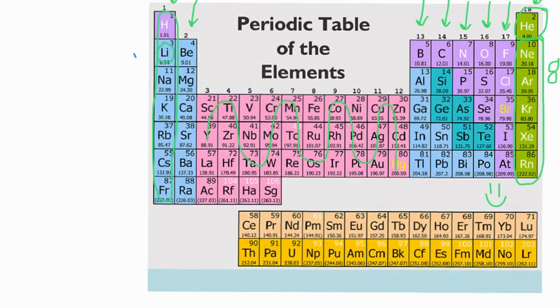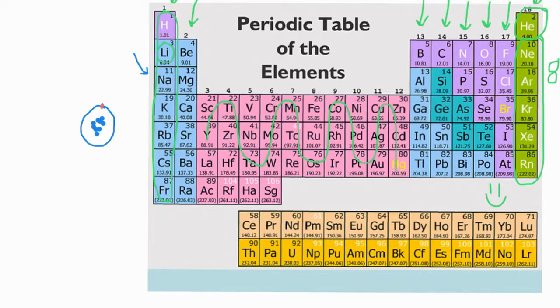So I'm going to make a little drawing of the sodium atom right over here. So first, we're going to go with the nucleus. So the nucleus has the protons and the neutrons in the nucleus of the atom. And then the electrons are flying around the nucleus in these various energy levels. So the first energy level for sodium has 2 electrons.